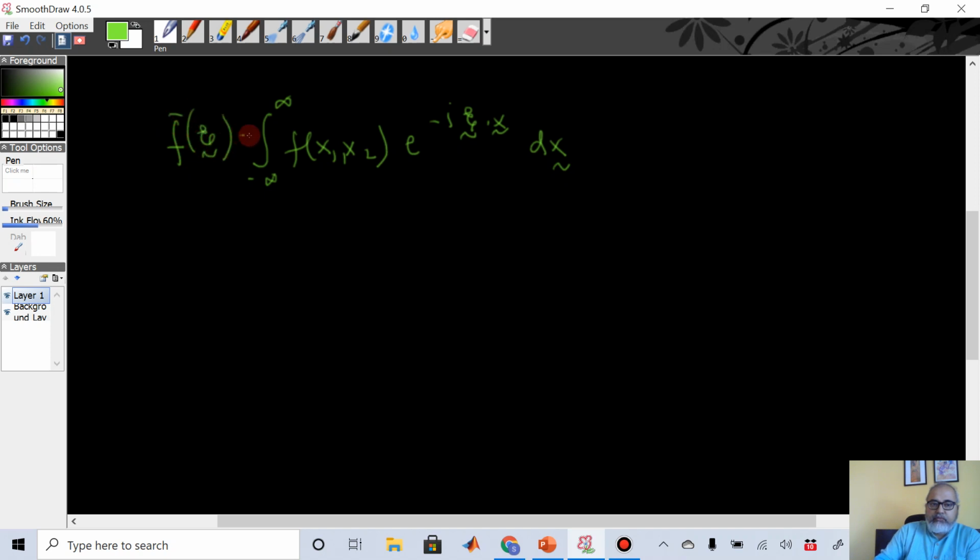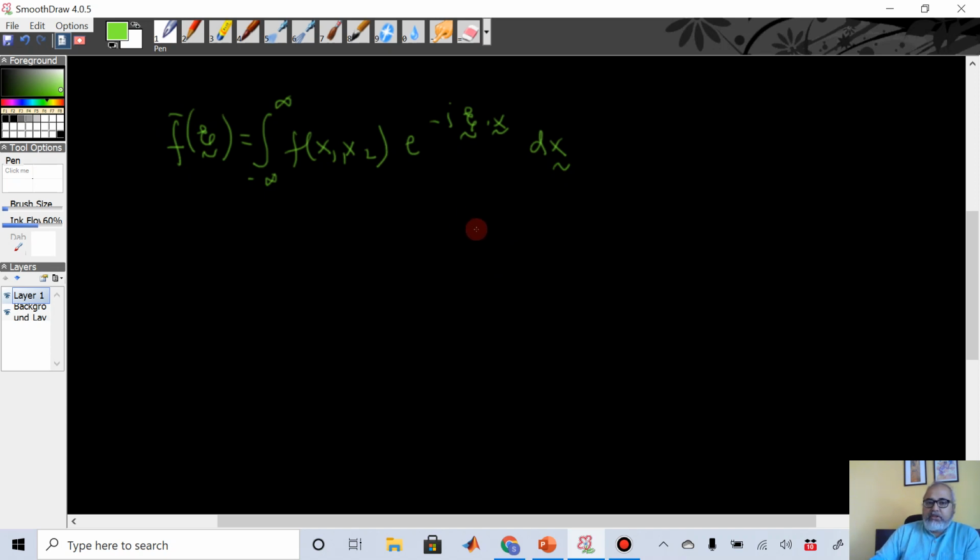So if you want to now prove the shift rule, let's say do it for 2D. So what you have to do is f(x1, x2) e to the power minus i zeta dot x, which is your f bar of zeta in 2D.